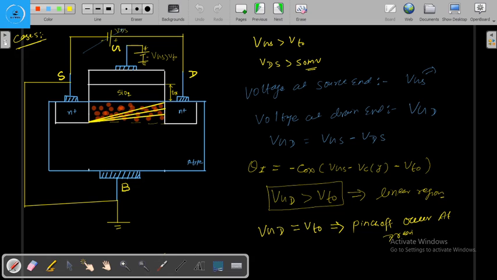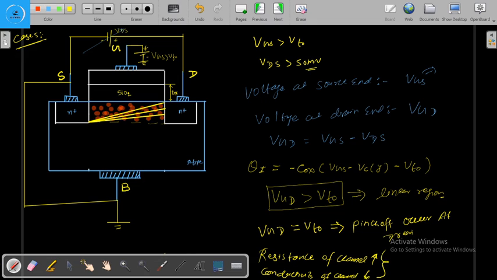Due to the tapered size of the channel, the resistance of the channel is increasing, and hence the conductivity of the channel is decreasing.